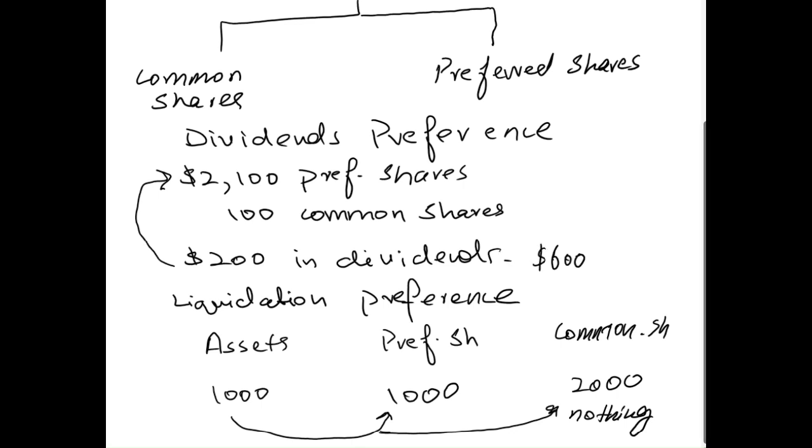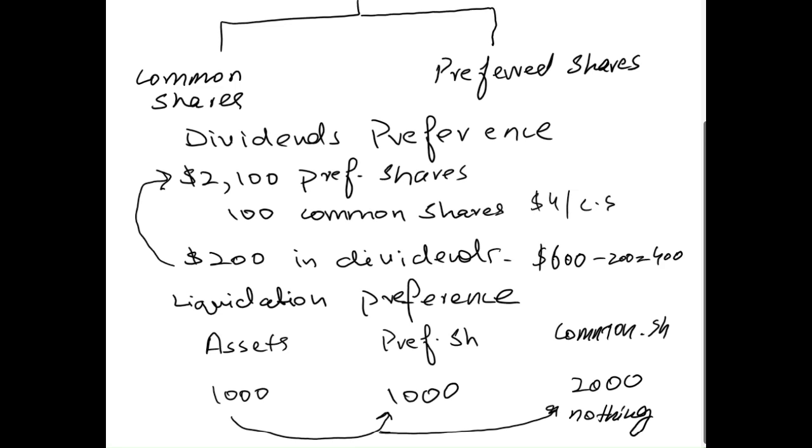$600 in dividends. So in this case, what is going to happen is the preferred shareholders are still going to get $200, so $2 per share, and then 600 minus 200 is 400. So then the $400 go to the common shareholders, and they will get $4 per common share.